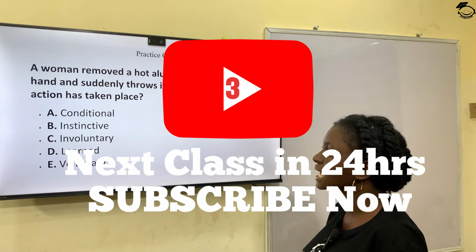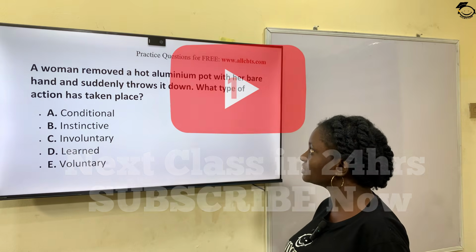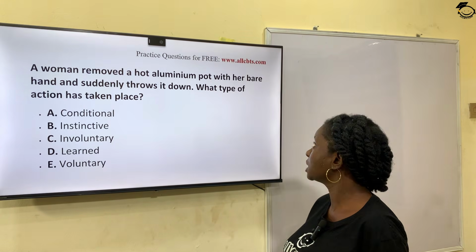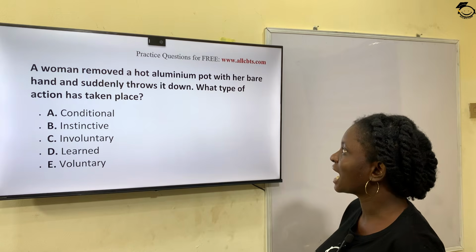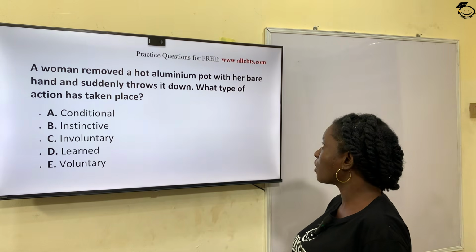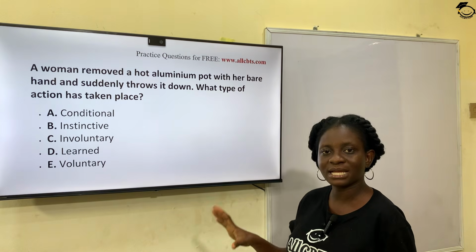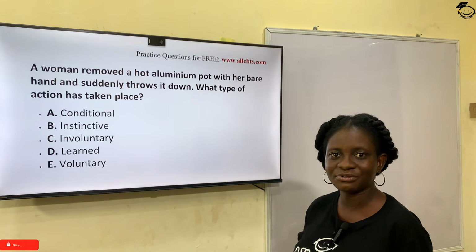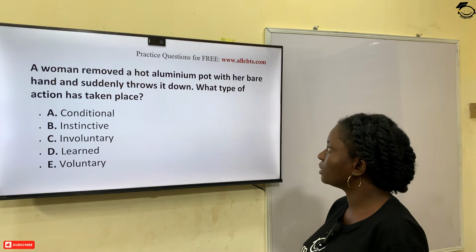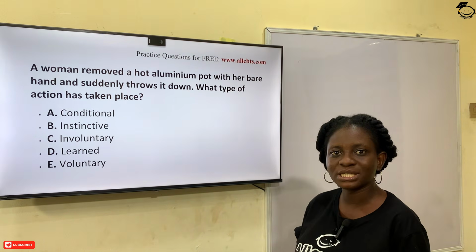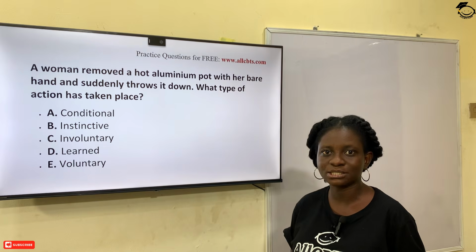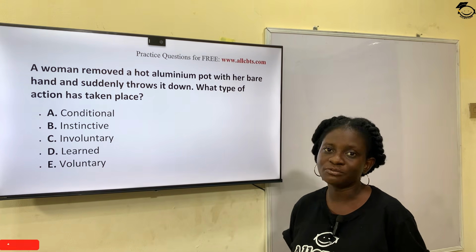Next question. A woman removed a hot aluminium pot with her bare hand and suddenly throws it down. What type of action has taken place? This example is known as a reflex action, and we know that reflex action is involuntary. It's not something that you plan, and it is not voluntary.